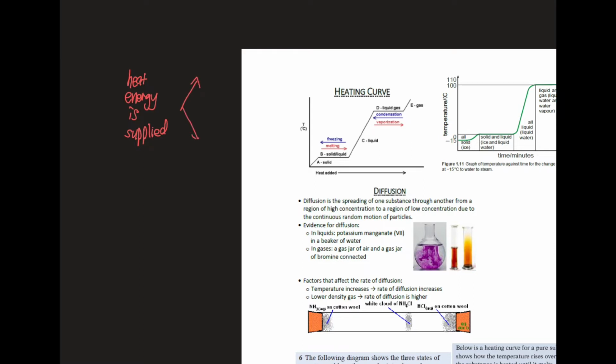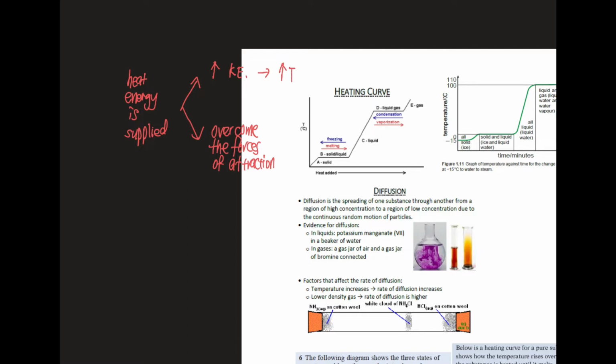But the substance uses the energy in two ways, basically. The first way is they use it to increase the kinetic energy. The second way is they use it to overcome the forces of attraction. So you can see two scenarios here.